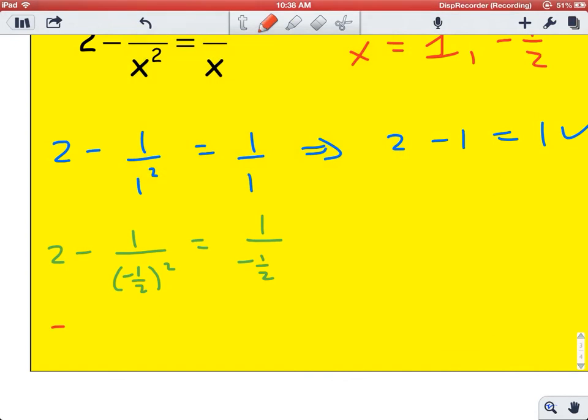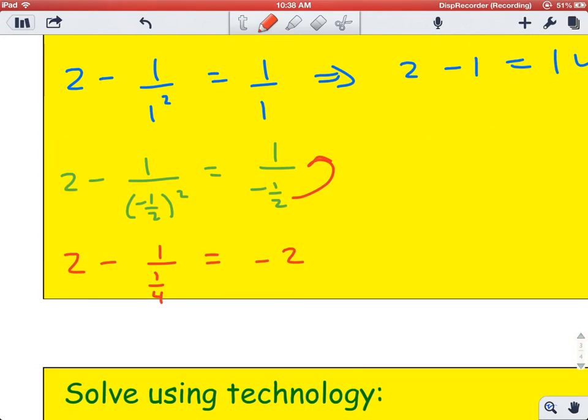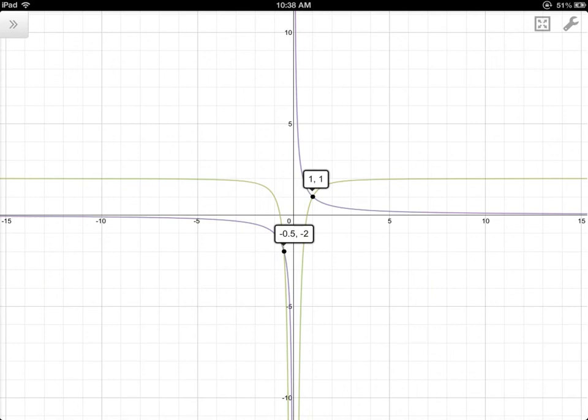We've got to flip and multiply. So that's 1/4 when we square 1/2. And this is going to be negative 2 when I flip and multiply. So this is going to end up being 2 minus 4 equals negative 2. Also a true statement. And so we can see where those ordered pairs are coming from in Desmos. 1, 1, negative 1/2, negative 2.